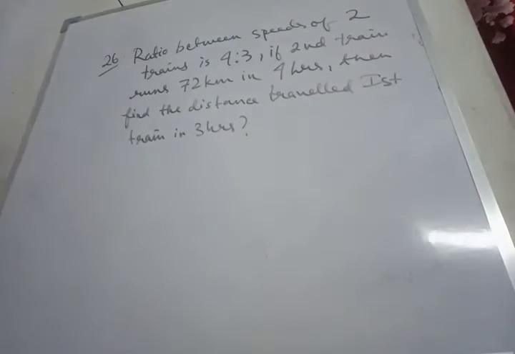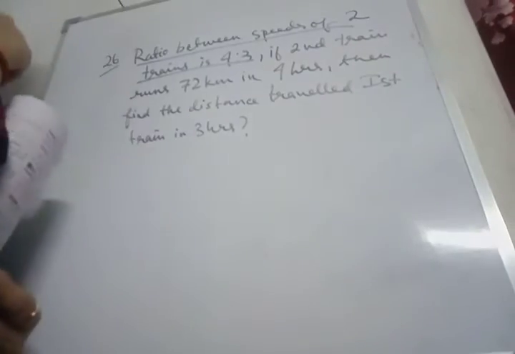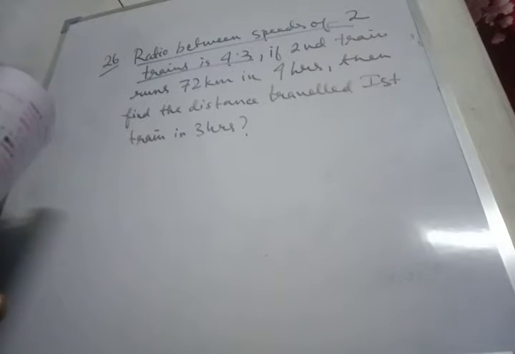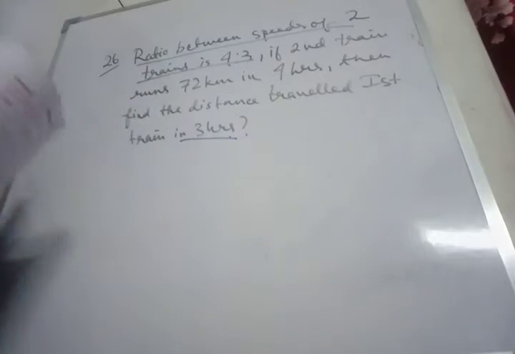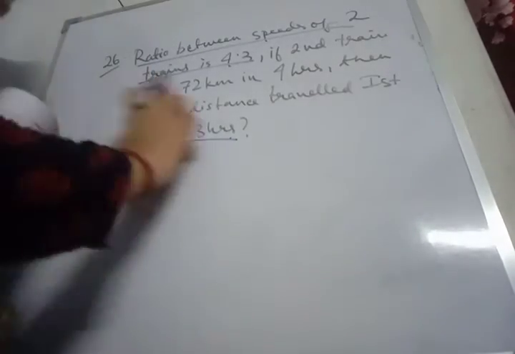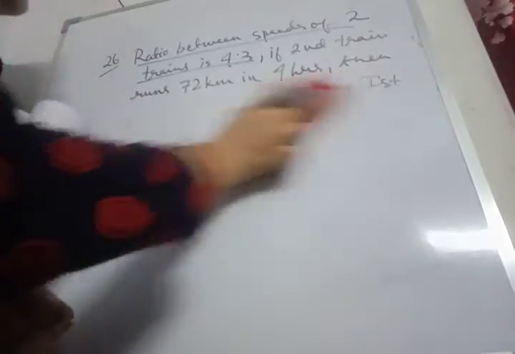Okay, so what's given, let's check. There's a ratio of speeds between the two trains. It is 4:3, right? If the second train runs 72 kilometer in 4 hours, then we have to find the distance traveled by the first train in 3 hours. First of all, we'll find out the speed of the second train.